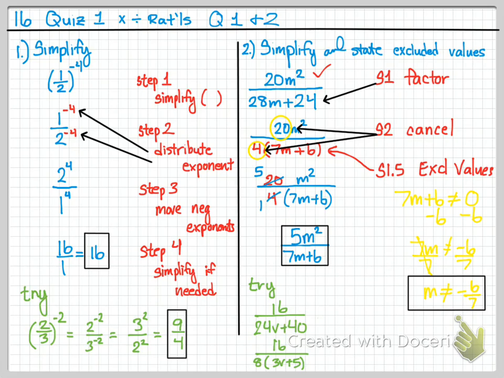You get 8 times 3v plus 5. 16 and 8 are cancelable. 8 goes into 16 twice, 8 goes into 8 once, and we're left with 2 in the numerator and 3v plus 5 in the denominator. But we're supposed to find the excluded values before we cancel, though, but what we canceled had no variables, so it's fine. Your v cannot be negative 5 over 3. And again, you set 3v plus 5 not equal to 0 and solve for v.